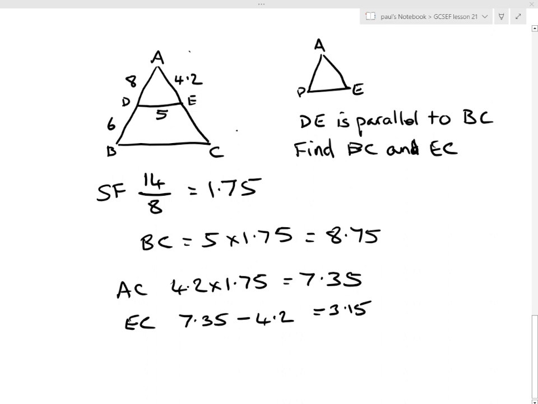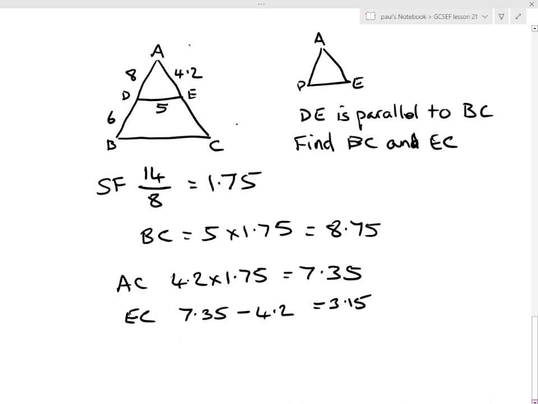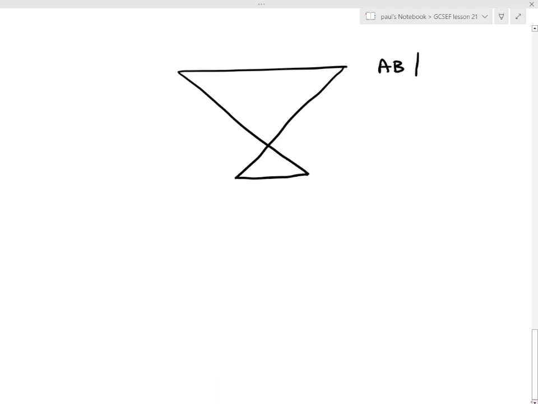Right, okay. Let's come down a bit. Here's a good shape for you. Right, so we've got that and that. So, similar shapes, right? So AB is parallel to DE.